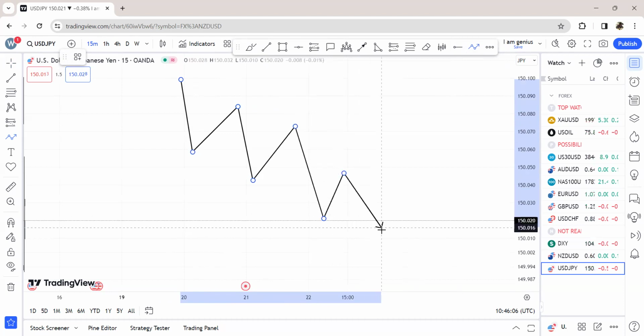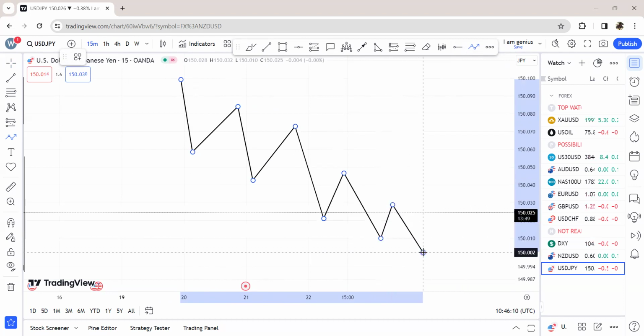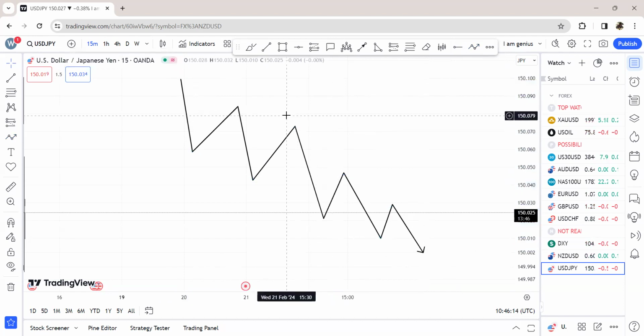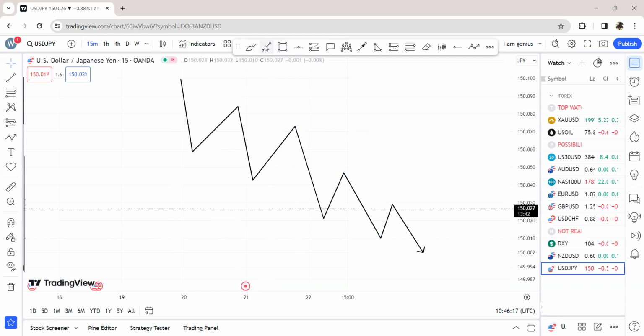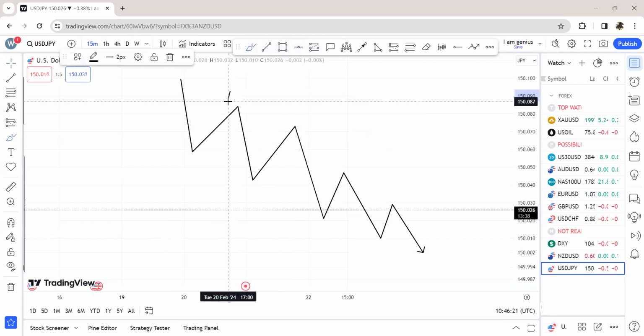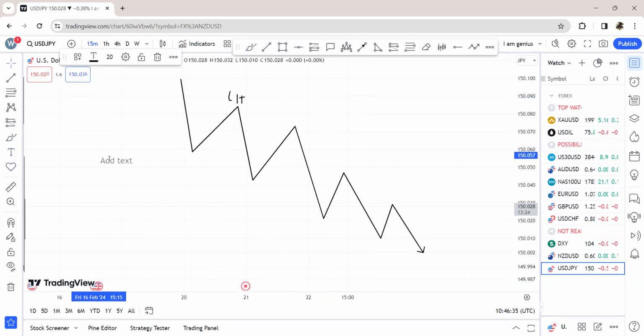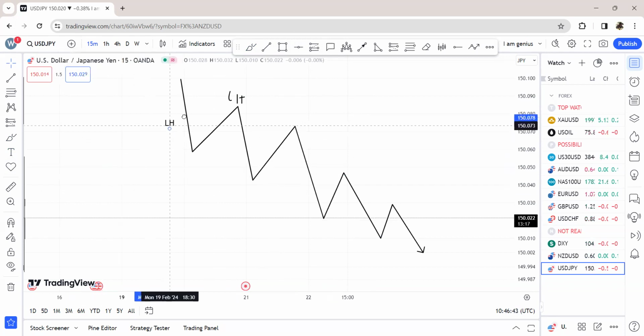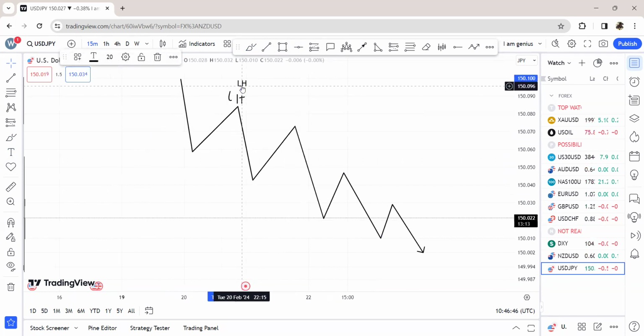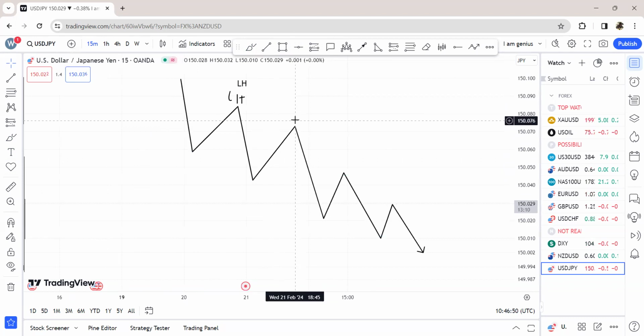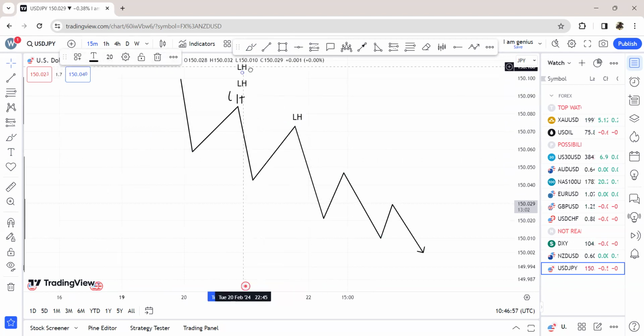Similarly, this has lower highs, so I'll just say lower highs, LH. Let me copy that and paste it; this will be way easier than writing it.